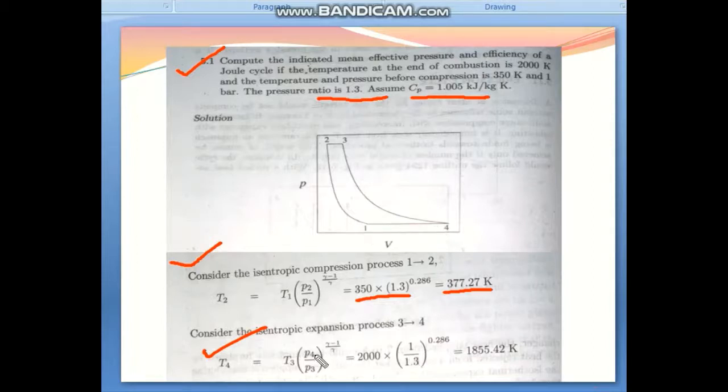So P4 by P3 becomes 1 by the pressure ratio, that is 1 by 1.3, and T3 is 2000 Kelvin, given here, the maximum temperature at the end of combustion. So T4 becomes 1855.24 Kelvin.